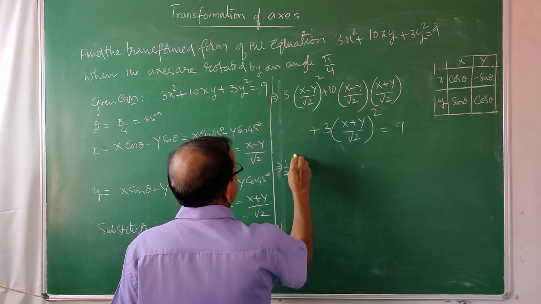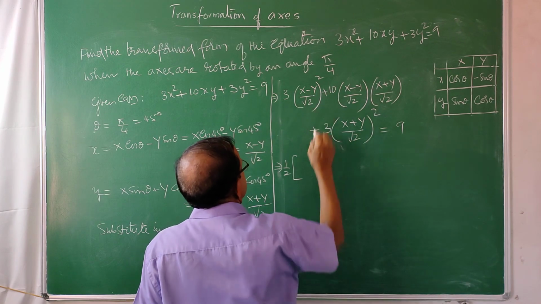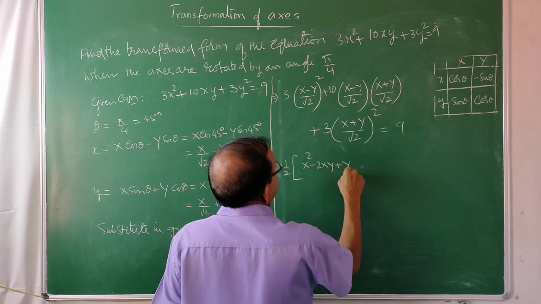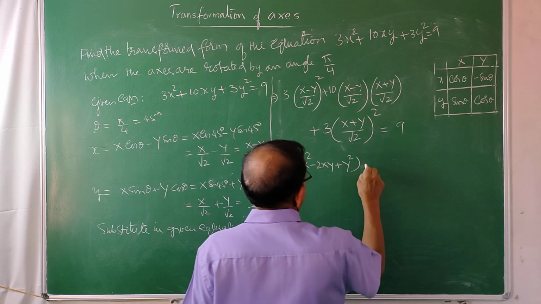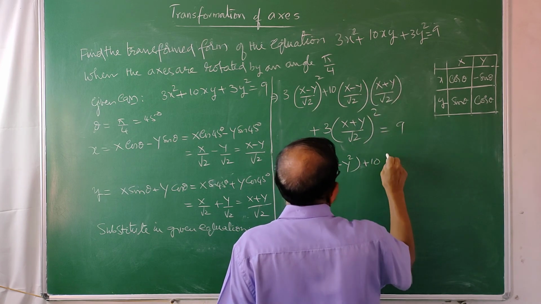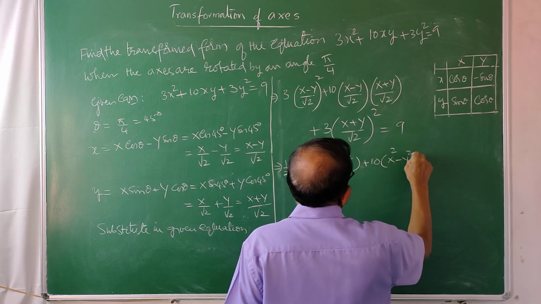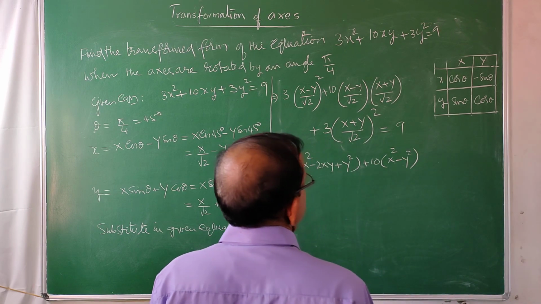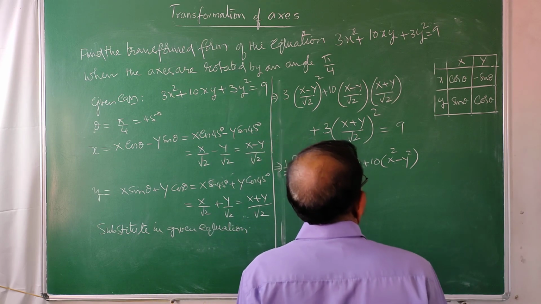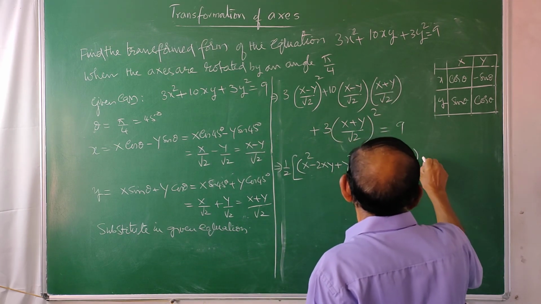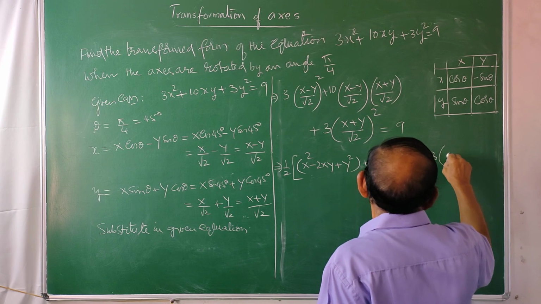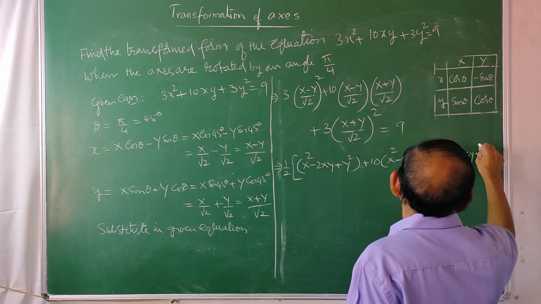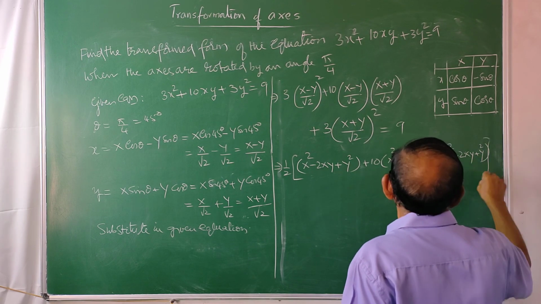That implies 1 by 2 into 3(X − Y) whole square, that is X² − 2XY + Y², plus 10 into (X² − Y²), plus 3 into (X² + 2XY + Y²), is equal to 9.